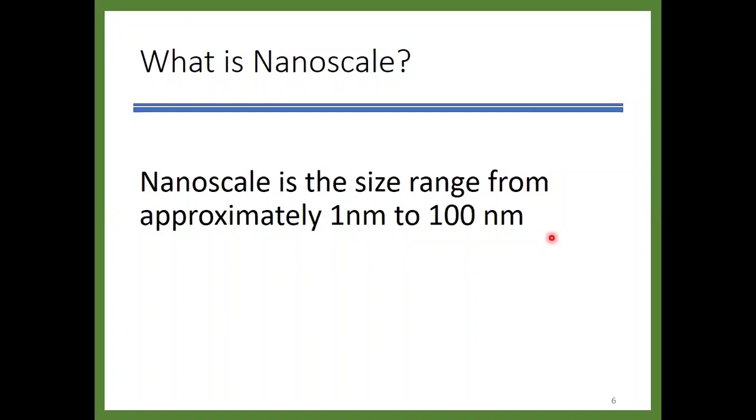Okay, so let's see. Nano is actually just a size scale, nothing but the size scale. That is what we call the nanoscale, the size range from approximately 1 nanometer to 100 nanometers. We already know what a nanometer is.